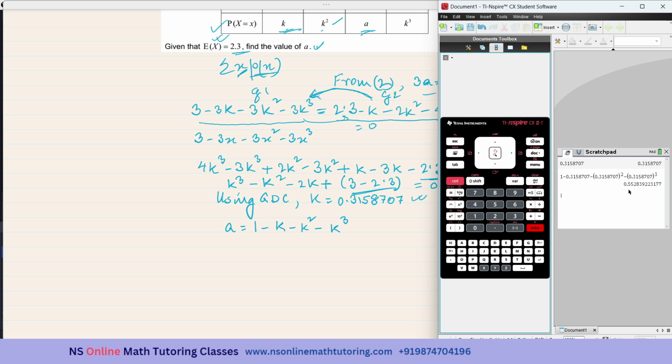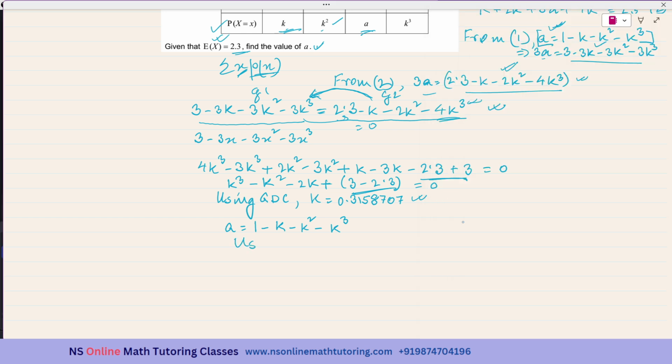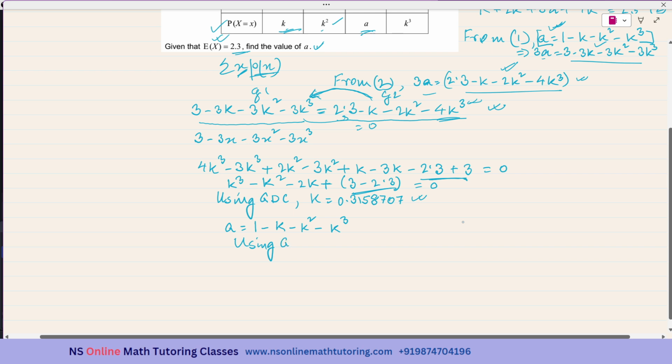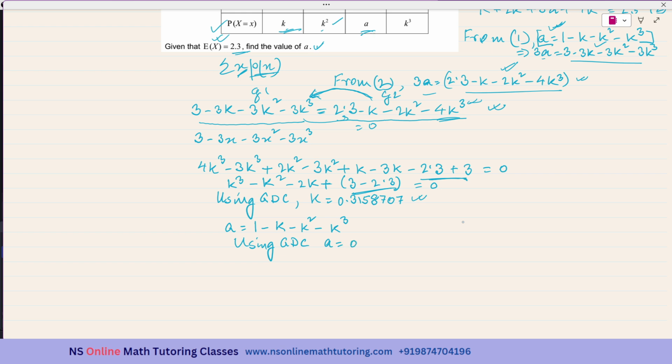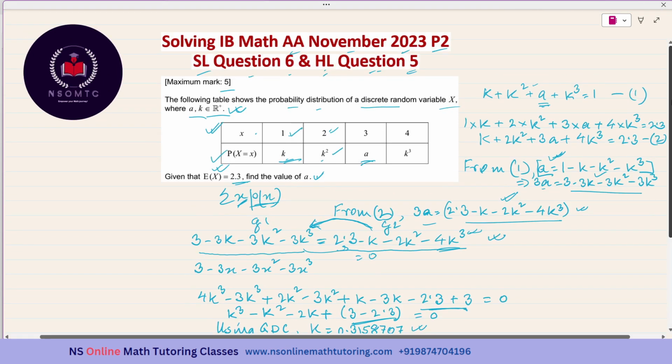So I'll be writing 0.553 for the value of A. So using GDC, A is equal to 0.553, correct up to 3 significant figures. So this is our answer. We have completed solving this question.